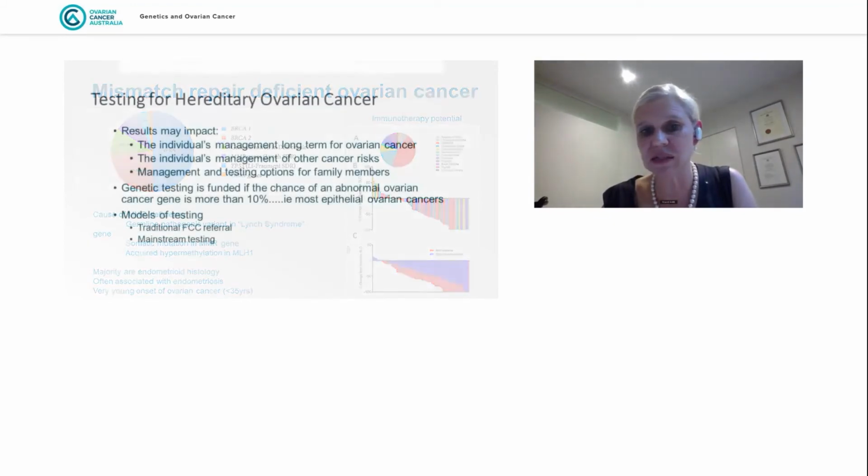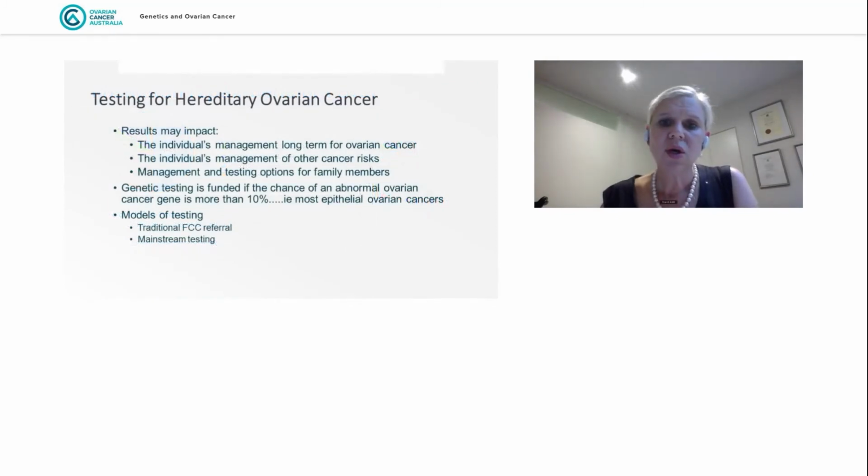So testing for hereditary ovarian cancer is still important, even though many more women can now access PARP inhibitors in the maintenance setting, as if a genetic alteration, or what is known as a pathogenic variant, is identified, the results may, of course, impact the management for long-term ovarian cancer via access to PARP inhibitors, in particular olaparib in comparison to niraparib.